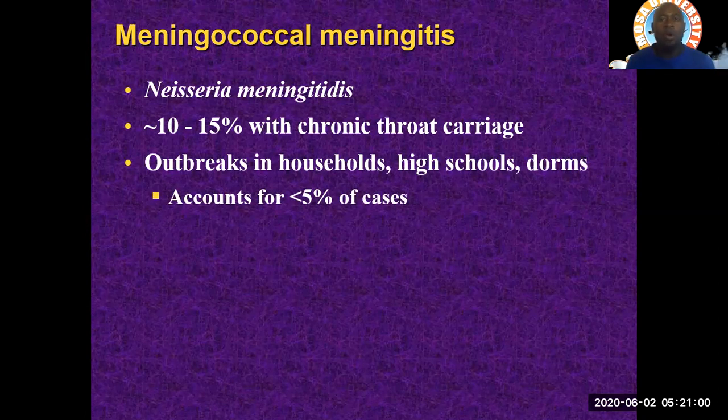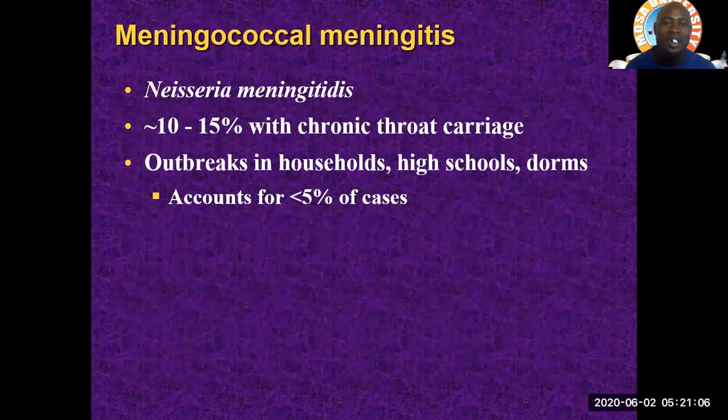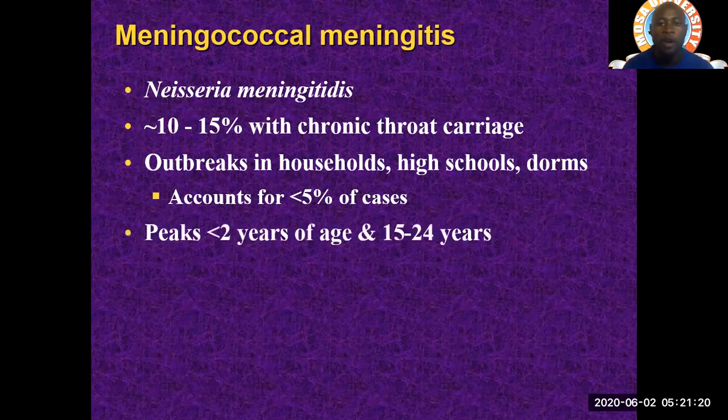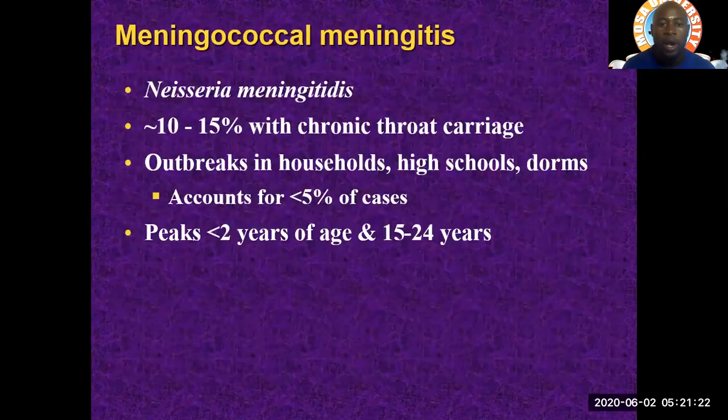So most meningococcal meningitis is caused by Neisseria meningitidis. Most of these, in 10 to 15%, come in as a result of chronic throat carriage. It may come in as an outbreak in dorms or households. It accounts for about 5% of all cases.